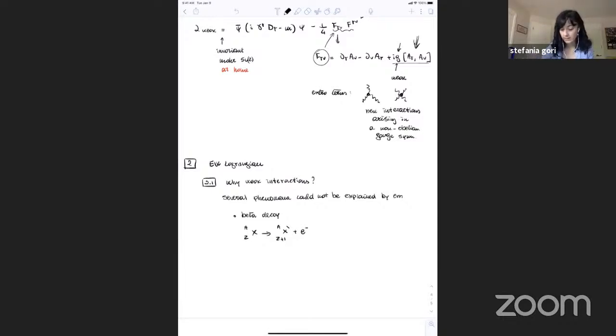Actually, we'll comment later on the fact that we need to conserve the lepton number. So there is not only an electron coming out, but also an anti-neutrino.